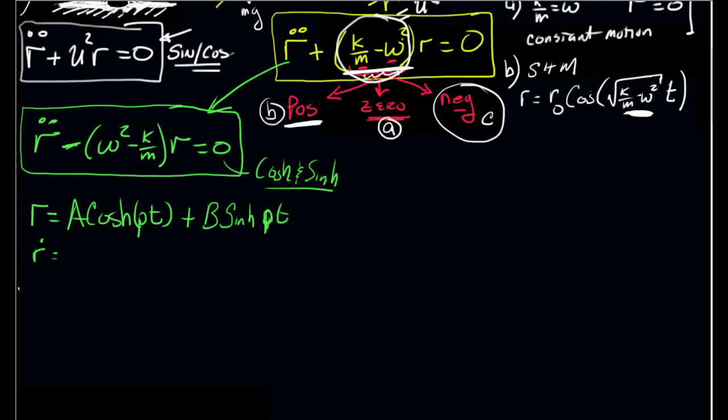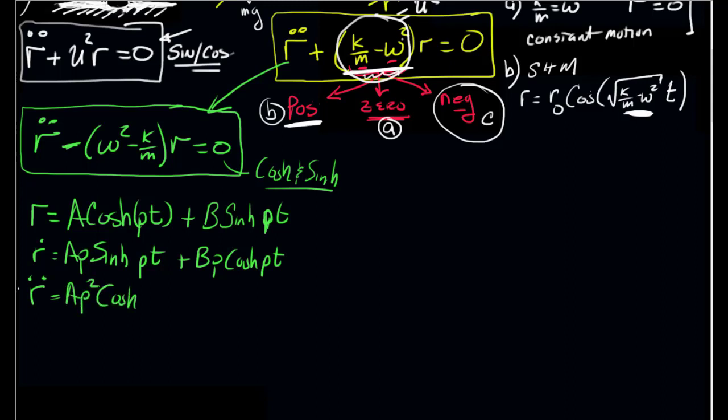R dot will be a p sinh of pt plus b p cosh of pt, and r double dot will be a p squared cosh of pt plus b p squared sinh of pt.